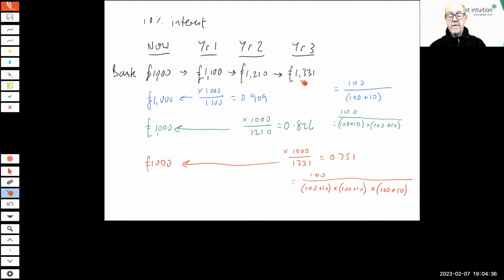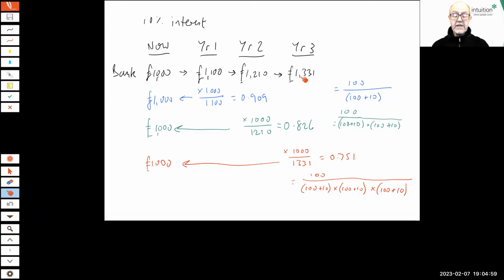By year 3, we would be looking at £1,331 in the bank. So it's fair to say, on that basis, that somebody who gives us £1,331 in 3 years' time, that has the same value as if we had £1,000 today.